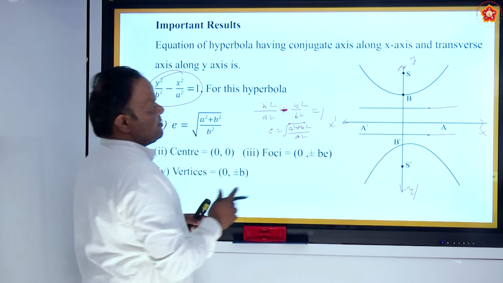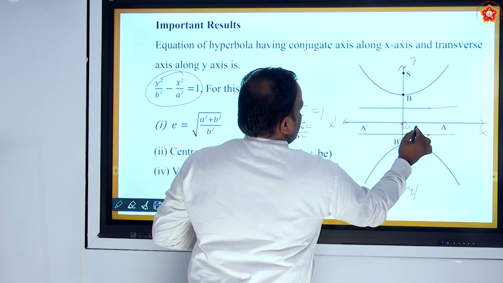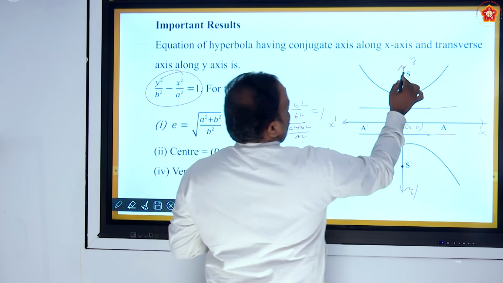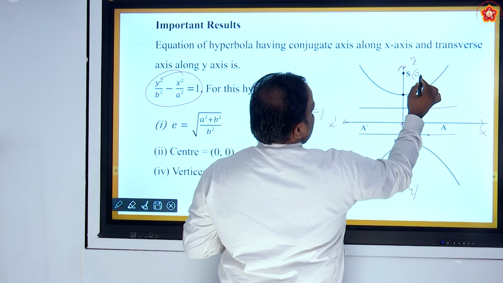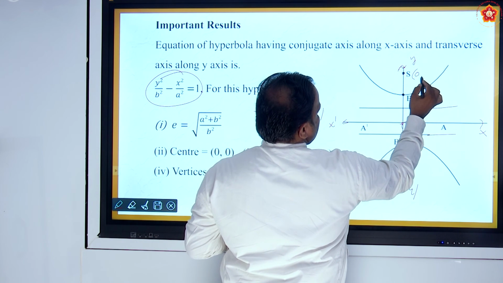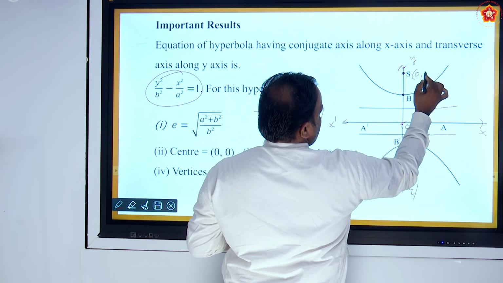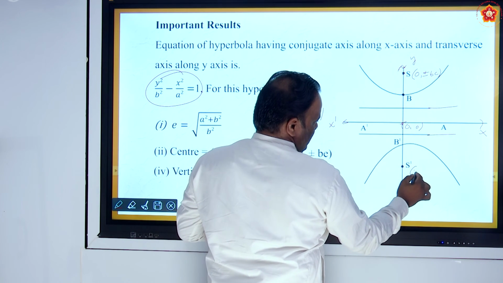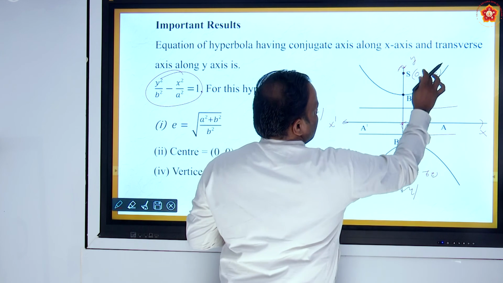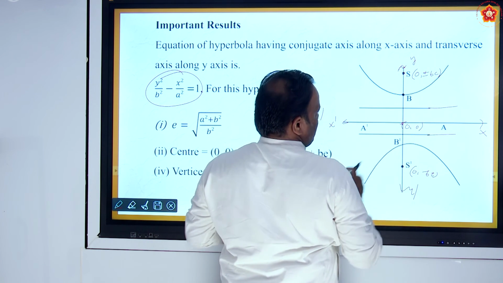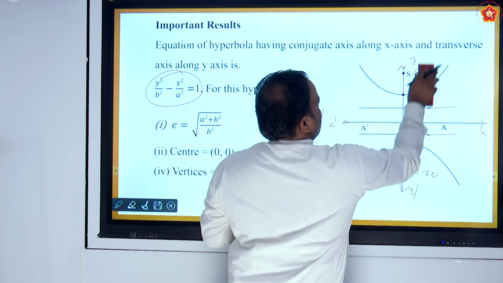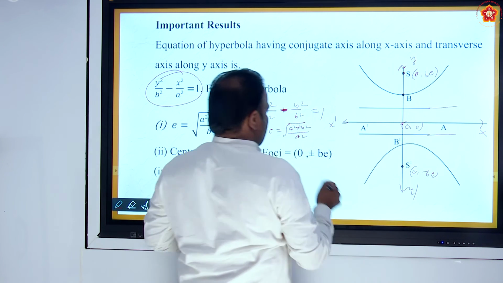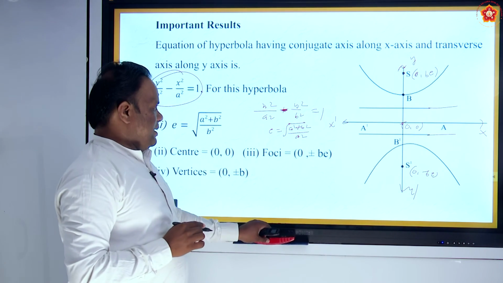The center is the same, remaining 0, 0, no change. And the foci lie on the y axis, so clearly the x coordinate is 0. Here it is 0 comma b, here 0 comma minus b, combined 0 comma plus or minus b.